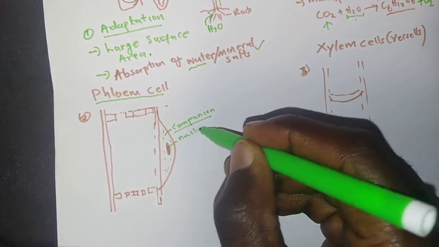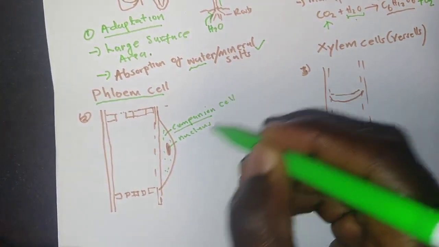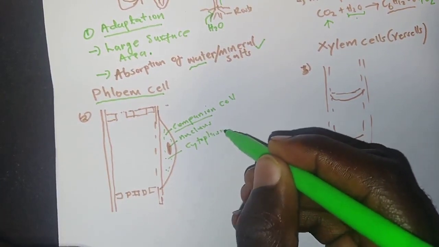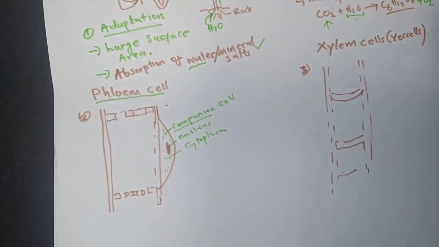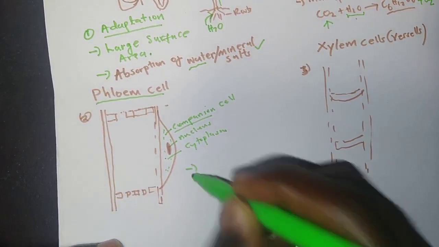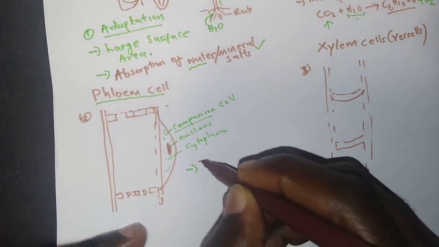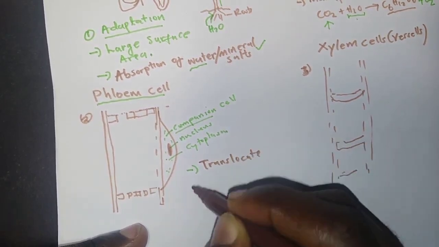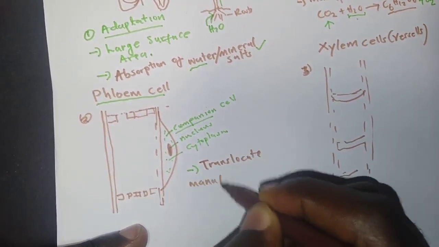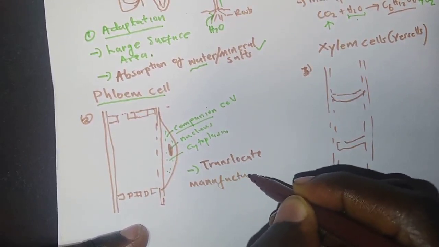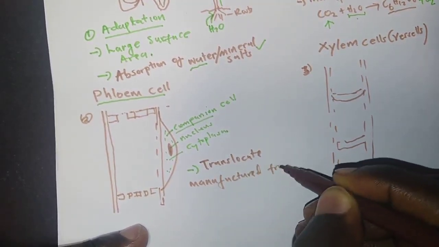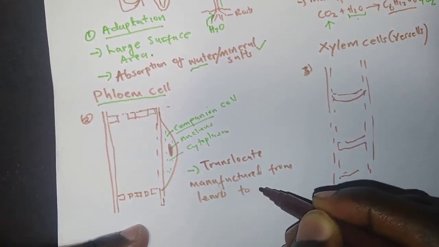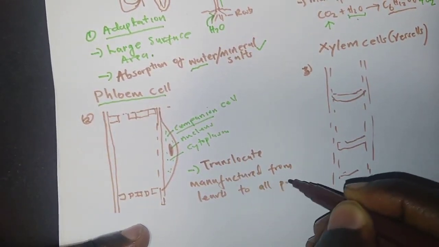After the food has been manufactured, their main job is to translocate the manufactured food from the leaves to all parts of the plant.